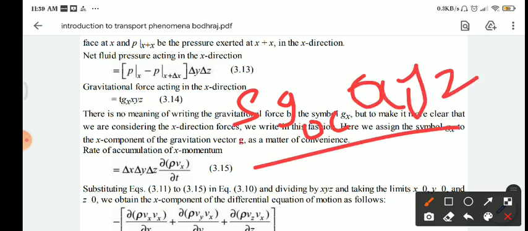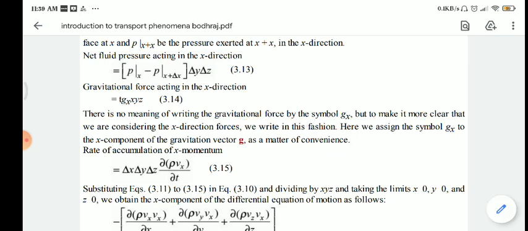Okay, so there is no meaning of writing the gravitational force by the symbol of Gx. But to make it more clear that we are considering x directional forces, we write in this fashion. Okay, so that's why we are considering g of x.